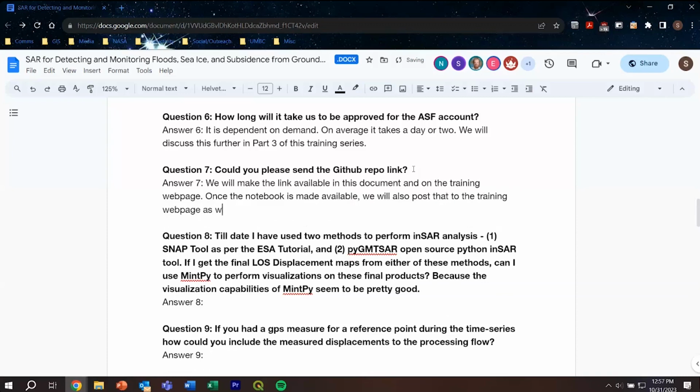There were some issues that we ran into recently, and we want to make sure that it's working before we post the final version. The notebook for looking at the landslide in Los Angeles is already in that Open SAR Lab GitHub repository.